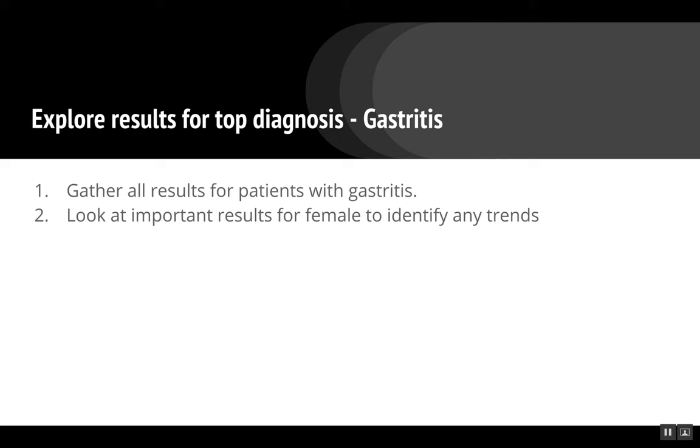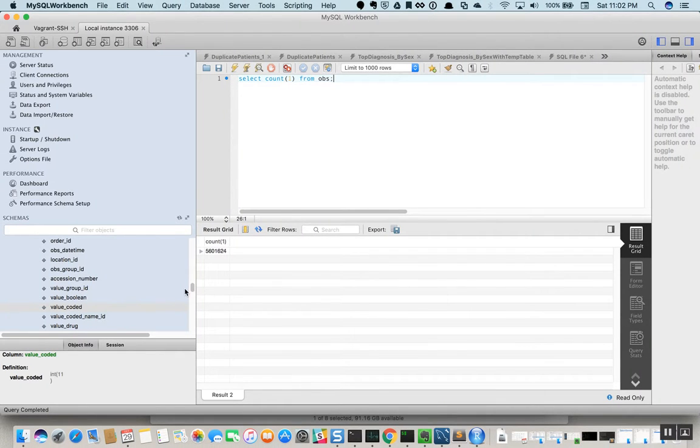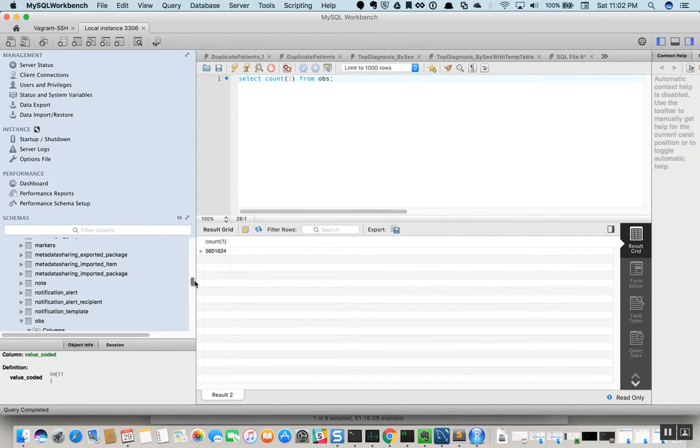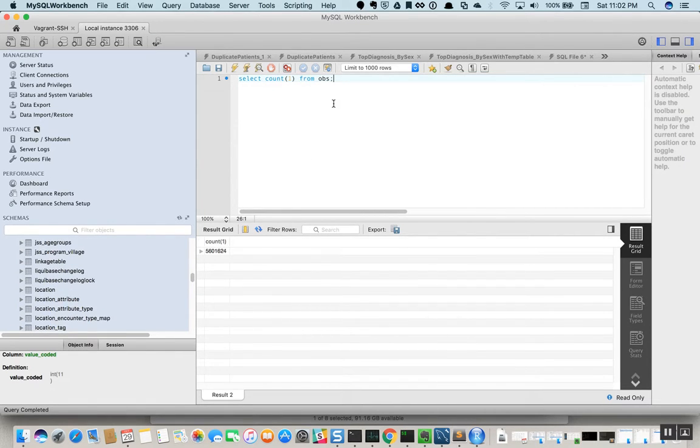Before we move on to RStudio and looking at the code to explore the data, let's step back and go to the MySQL Workbench to identify the concept class which would tell us that the observation is a lab result. If we go back to the start of the introductory session, I had identified a few tables and their columns.